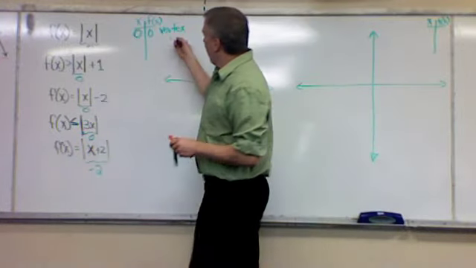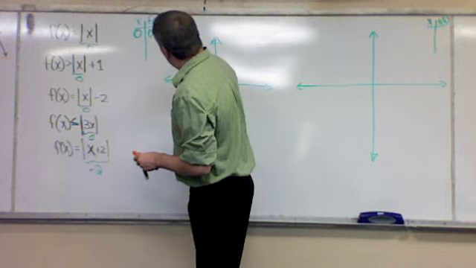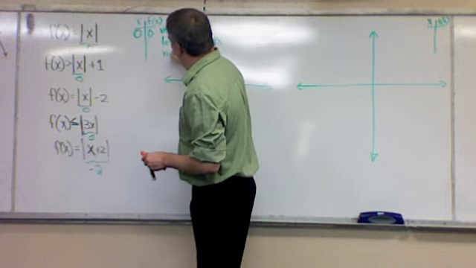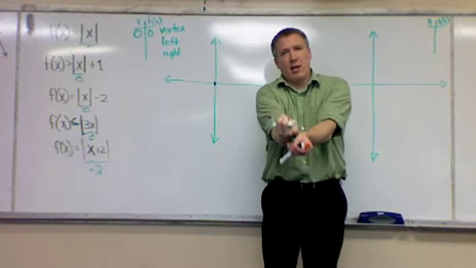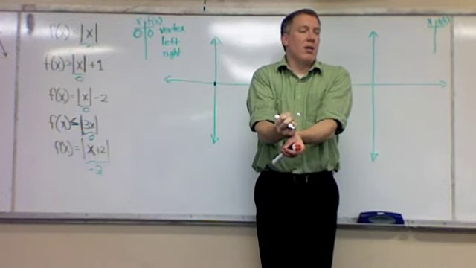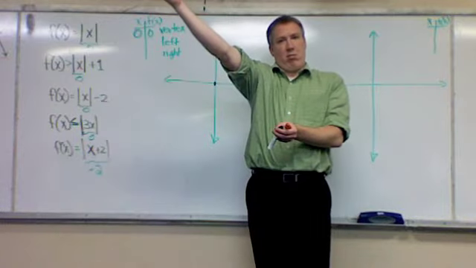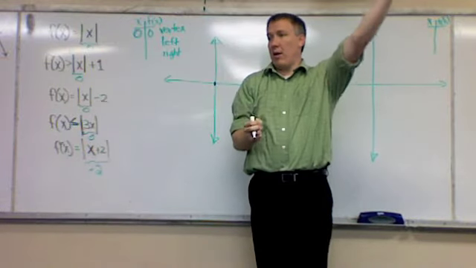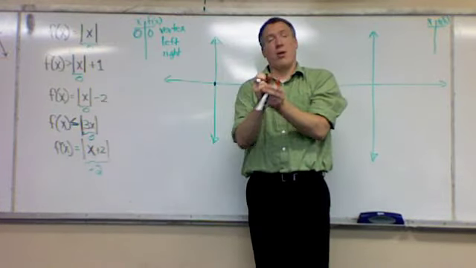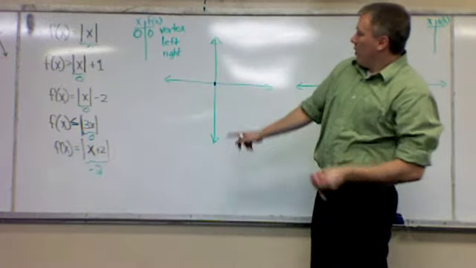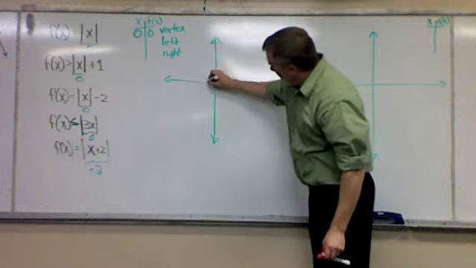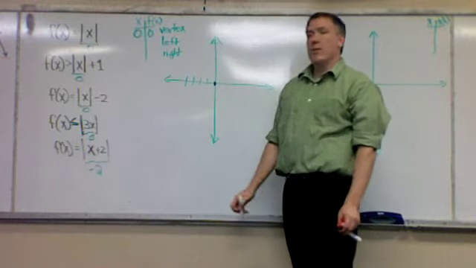Then I need a point to the left side and a point to the right side. Because I have my vertex, I need something to go to the left and something to go to the right. Or it could go down to the left, or down to the right, it depends. So here's my point. What's to the left? Negative number.